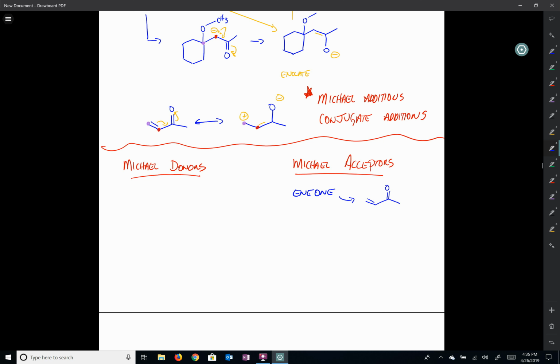These tend to be better with electron withdrawing groups, so things like esters, or maybe even aldehydes, or if you put some nitro groups or fluoro groups, things that are withdrawing electrons away. If you put an electron withdrawing group there, things that are drawing electron density away from these pi bonds are going to make these acceptors more susceptible to attack.